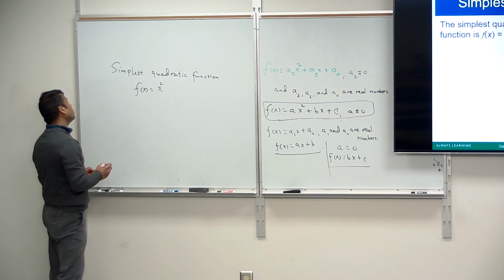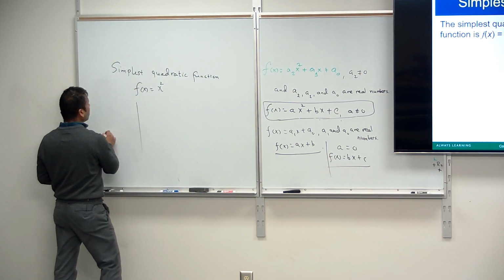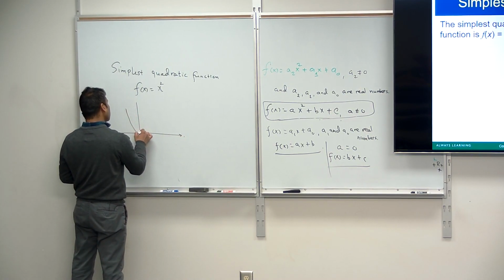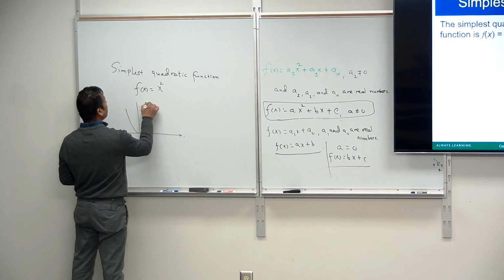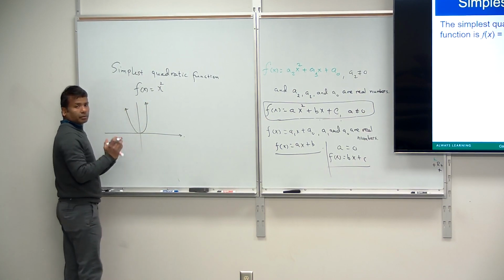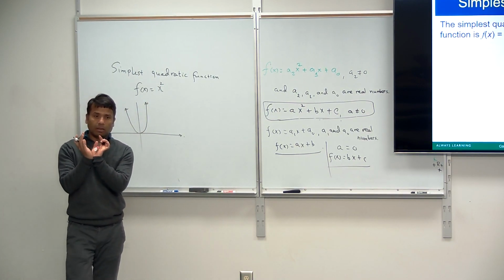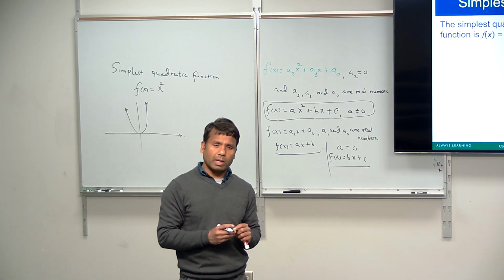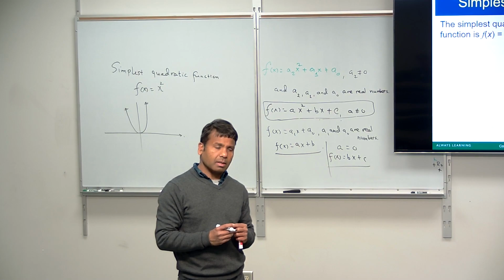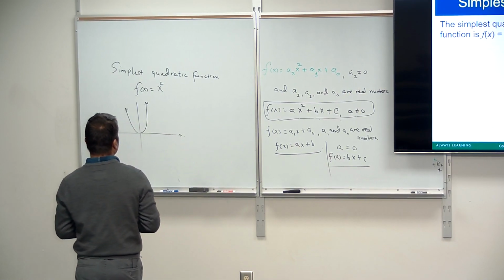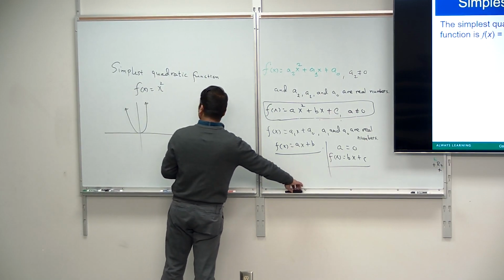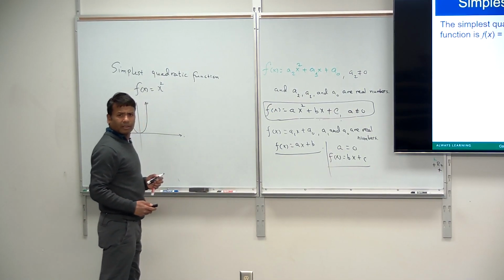Do you remember the graph of this quadratic function? The graph looks like this. The parabola, a vertical parabola opening upward, right? Does that make sense, guys?